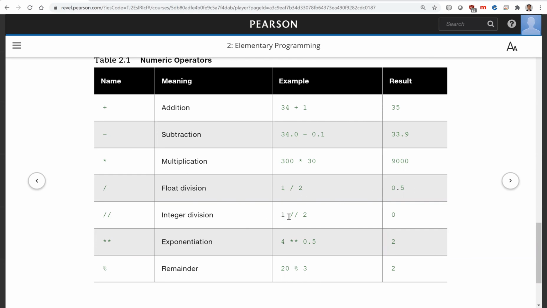The integer division, 1 divided by 2, is 0, so the fractional part is truncated. Exponent: 4 ** 0.5 is like the square root of 4, which is 2. Remainder: 20 divided by 3, the remainder is 2.